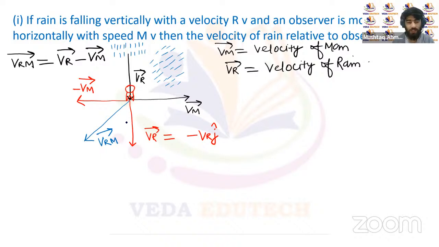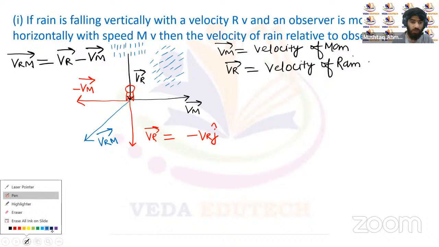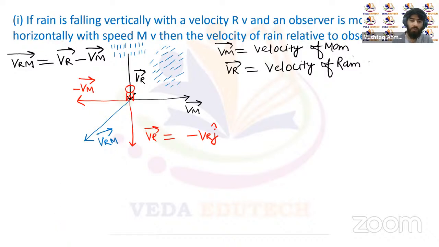So to protect himself from the falling rain, this person has to keep the umbrella like this. The person at this point has to keep the umbrella exactly opposite to the direction of the relative velocity of rain with respect to man.